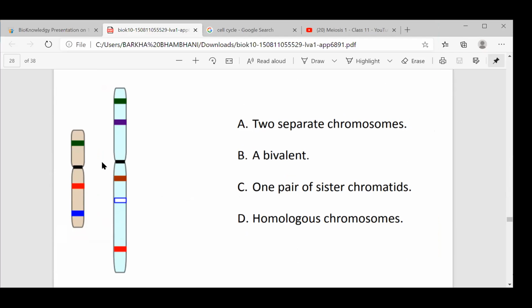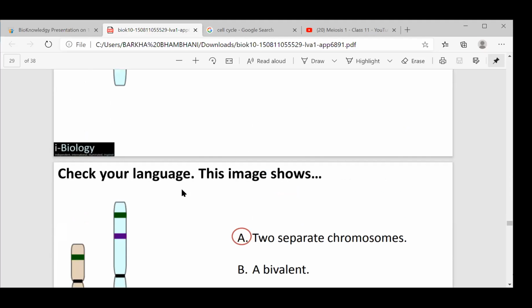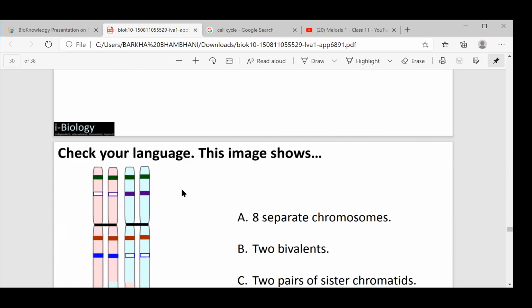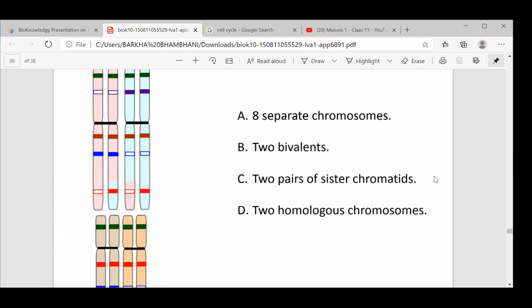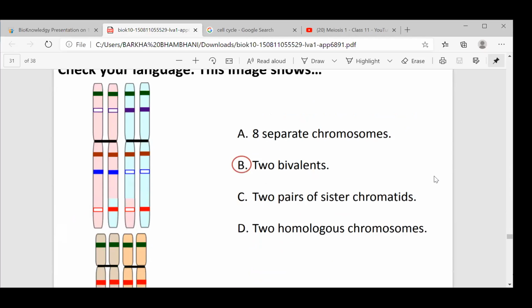They don't have the same allele, plus they are different sizes altogether. So they are 2 separate chromosomes. What about these? Two bivalents. They are 2 bivalents. Very good.